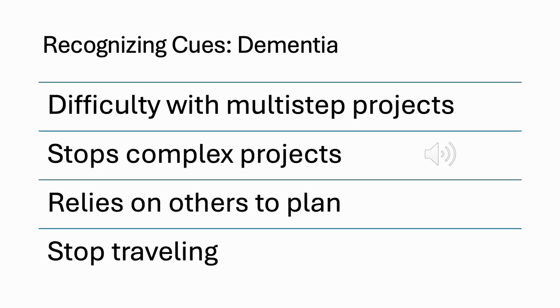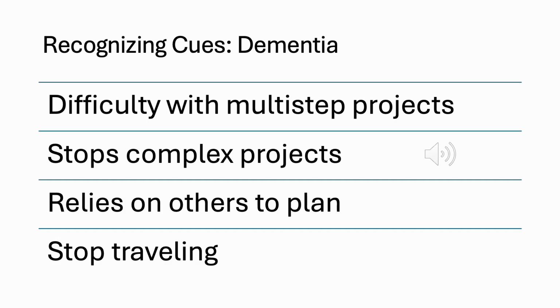Recognizing cues of patients with dementia, when it comes to their executive function, which involves planning, decision making, responding to feedback, and their mental flexibility, they have difficulty multitasking.